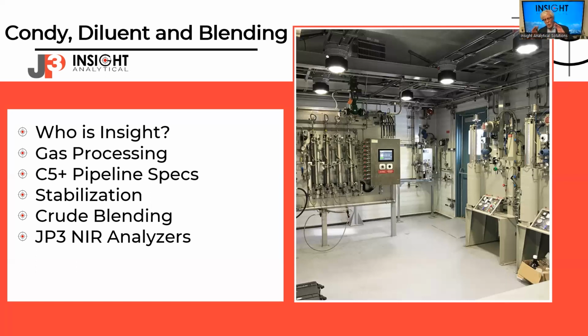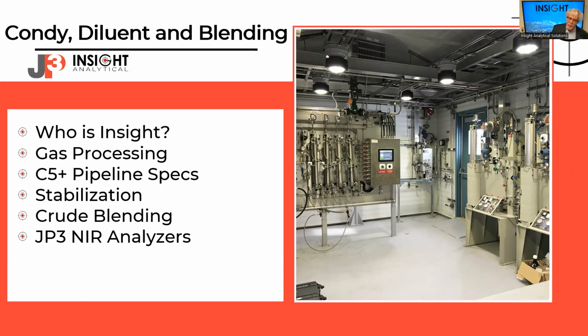We'll talk about how those pipeline specifications affect how much money you can make if you're running a gas plant, and how you can optimize the facility to maximize revenues given the amount of fluids coming in. To do that, we'll talk about what we need to think about when optimizing our condensate stabilization side.